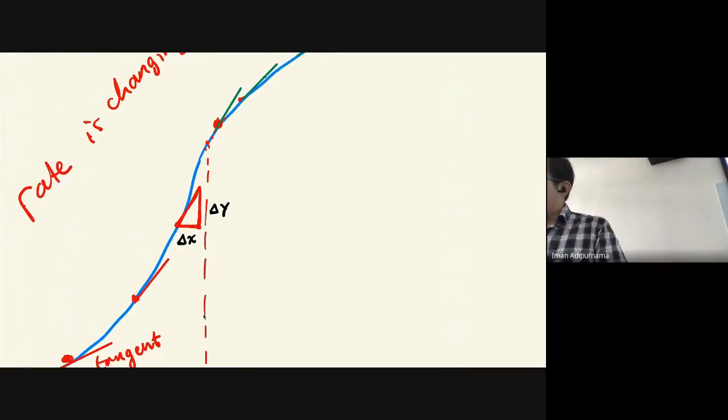What derivatives really mean is when you take the limit as delta x approaches 0 of delta y over delta x, it approaches what we call dy dx.